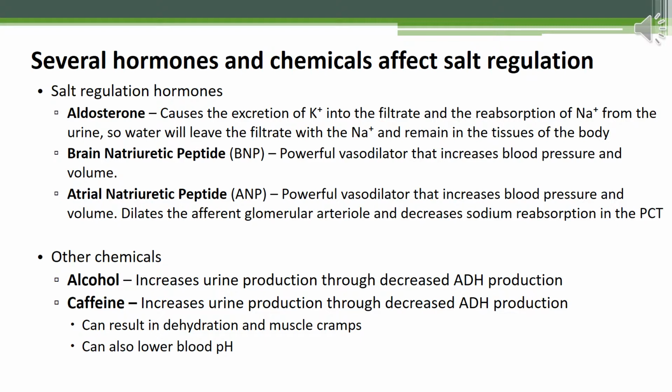And also, I'd like to say that it may be possible that people who consume a lot of caffeine may develop more of a tolerance to caffeine, such that it doesn't make them urinate as much as someone who doesn't typically drink or have substances with caffeine in them.